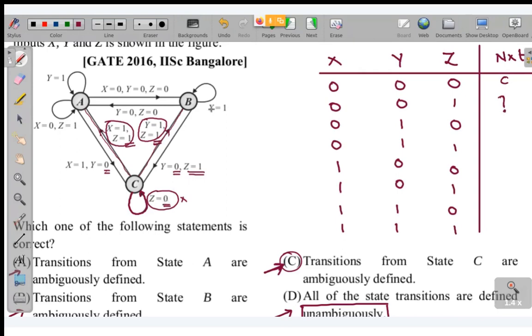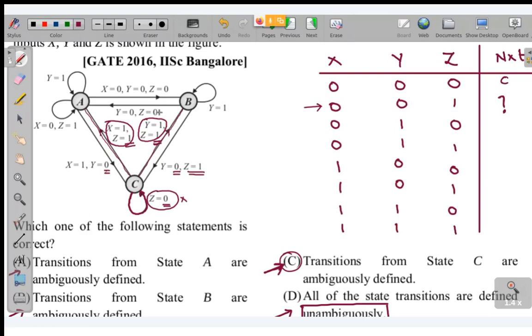So I cannot comment on what will happen when I reach this state, because in these cases you can see x0, so this cannot be the case, and here y0, so this also cannot be the case. So this is ambiguously defined. We actually don't know what the state will be when our present state is C and the input is 0 0 1. We don't know what the next state will be according to the state diagram given.